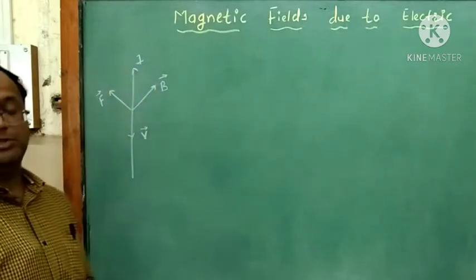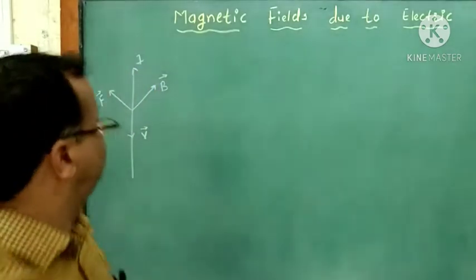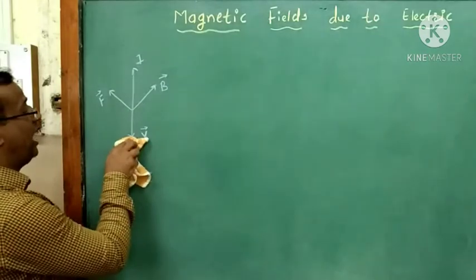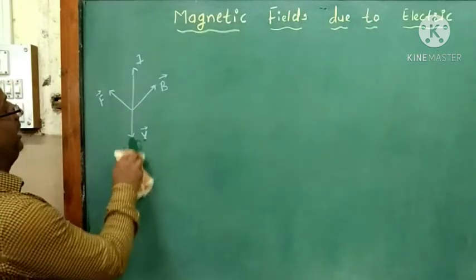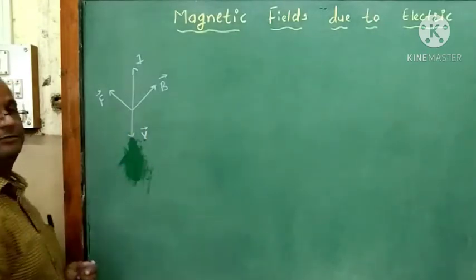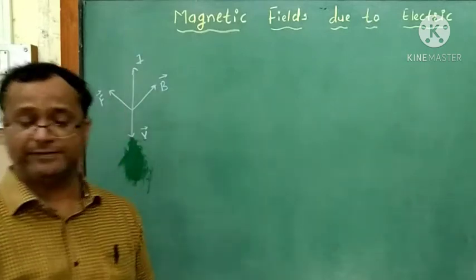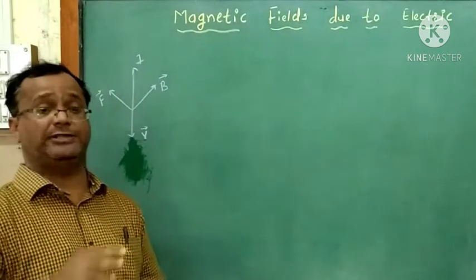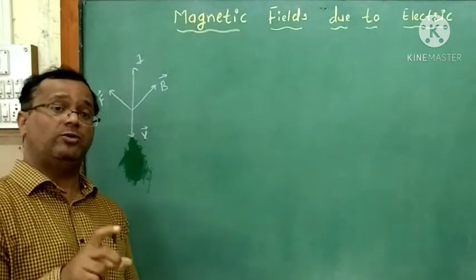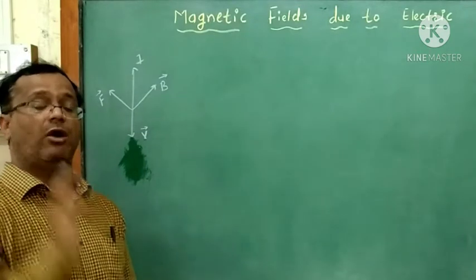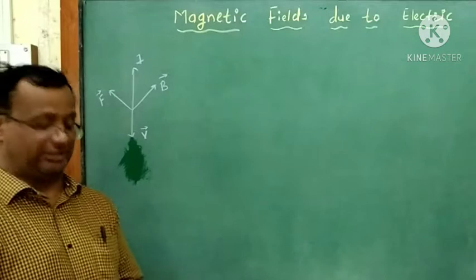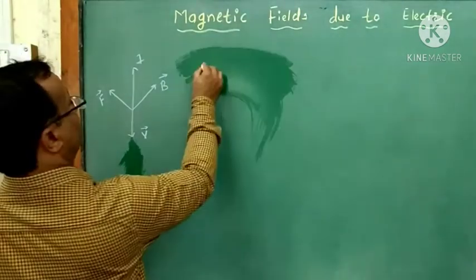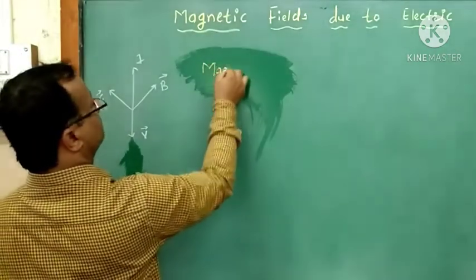So the relationship is between the quantities I, V, then B and F. Using these four quantities, we want to find the force acting on a charged particle, that is, the magnetic force.